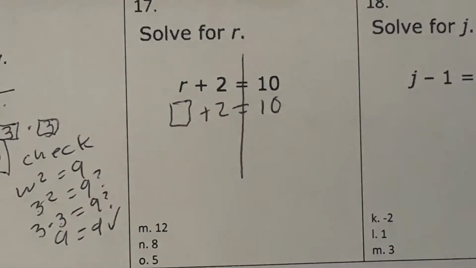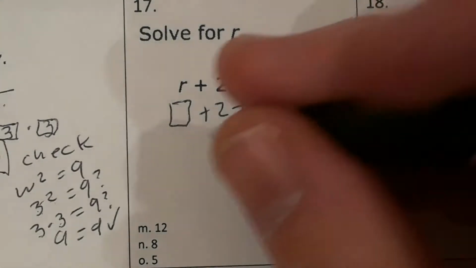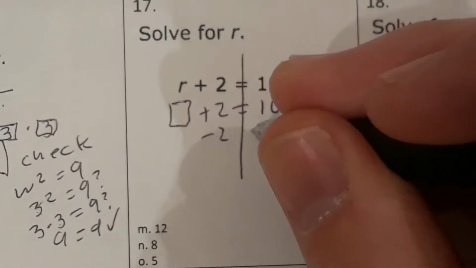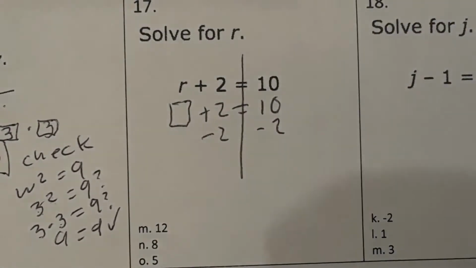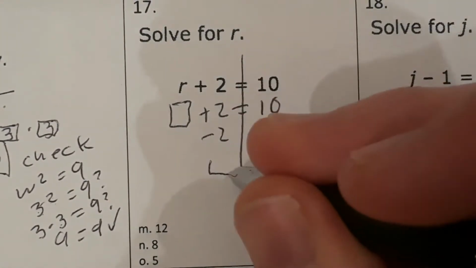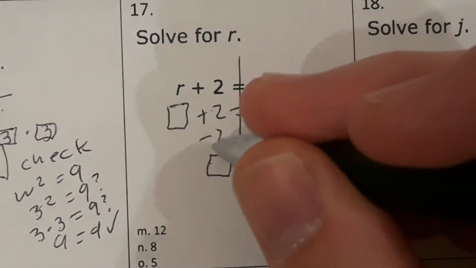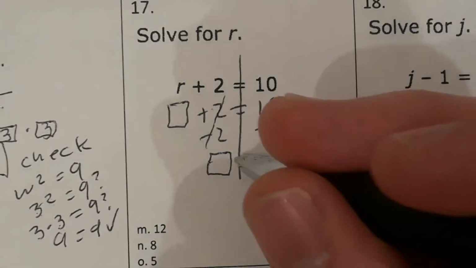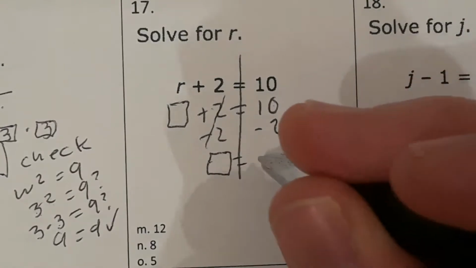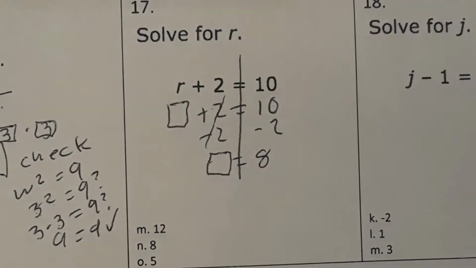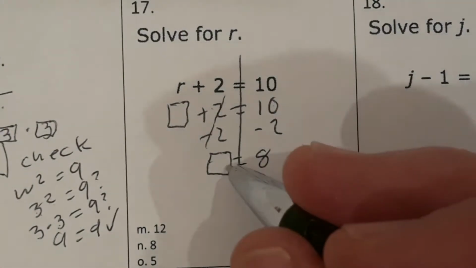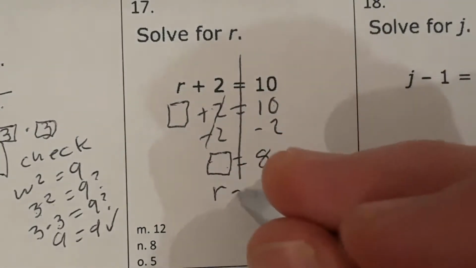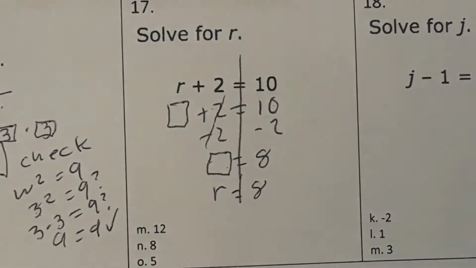Well, what's the next step to get the box by itself? If you said the next step was to do the opposite, minus 2, that is absolutely correct. So box comes down because positive and negative 2 are opposites, equals 10 minus 2 is 8. But remember here that the box represented R, so R is equal to 8.